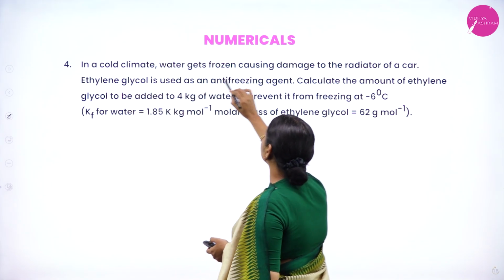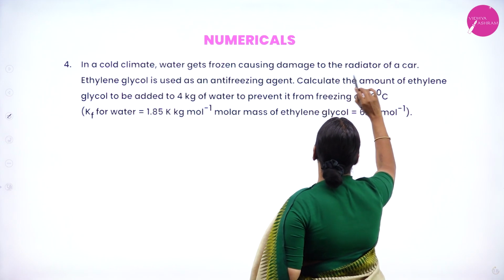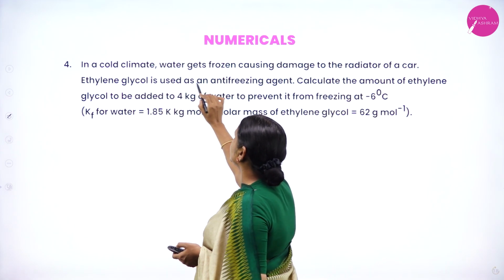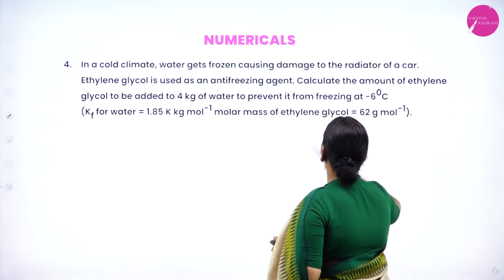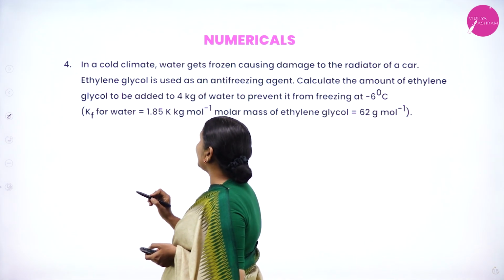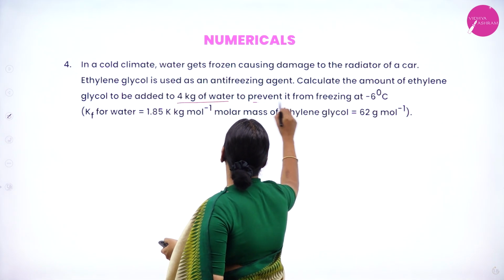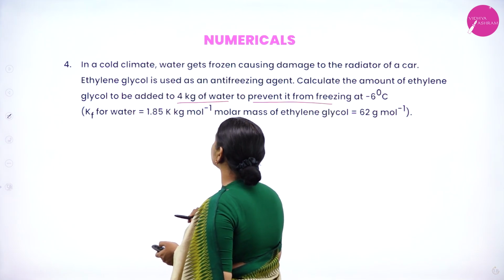In cold climate, water gets frozen, causing damage to the radiator of a car. Ethylene glycol is used as an anti-freezing agent. Calculate the amount of ethylene glycol to be added to 4 kg of water to prevent it from freezing at minus 6 degrees.